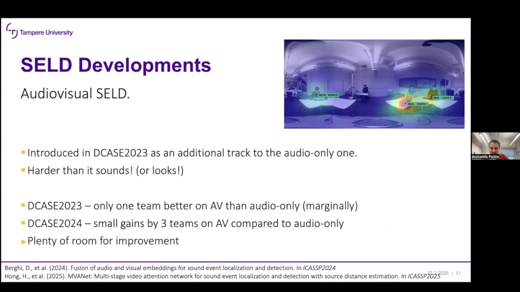In the first challenge, only one team did better on audiovisual than using only audio, marginally. In 2024, we had small gains by 3 teams on audiovisual input compared to audio-only. So gradually, people seem to be refining their audiovisual models, but I would say that there is still plenty of room for improvement.